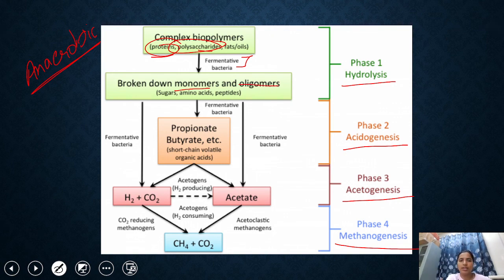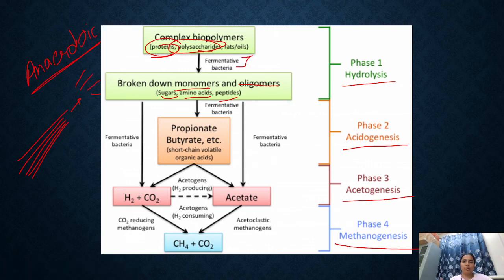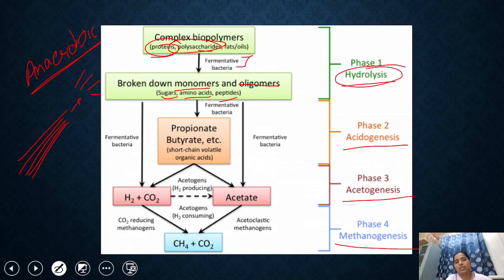Polysaccharides form sugars, proteins form amino acids and some peptides. Suppose a protein contains a chain, initially it will degrade into a single chain, so peptides also form. This process is called hydrolysis.